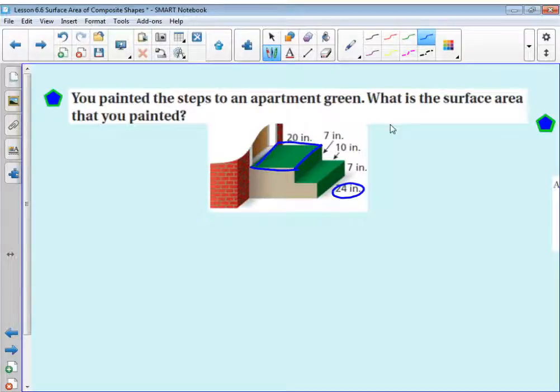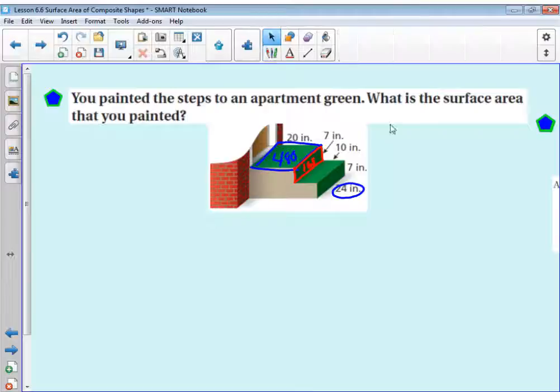So I'm going to go ahead and find the area of that. 20 times 24 is going to give me 480. I'm going to jot that in there. Then I've got my next rectangle that is still 24 across, but it's 7 high. So 7 times 24 gives me 168.